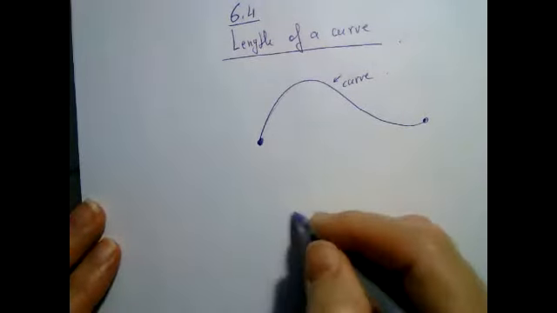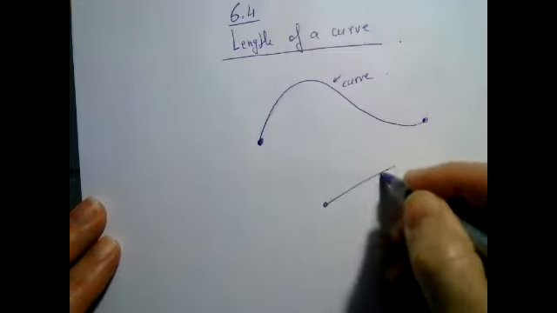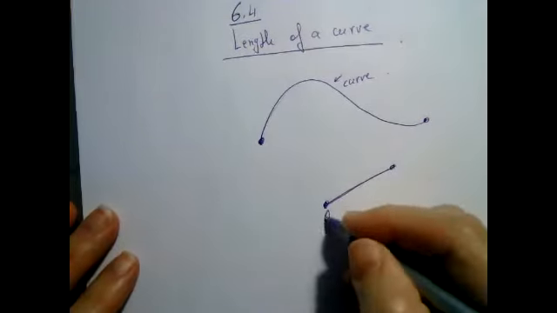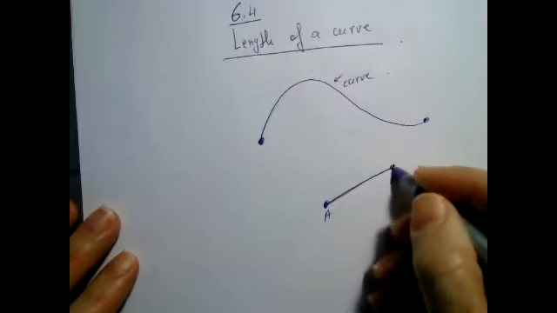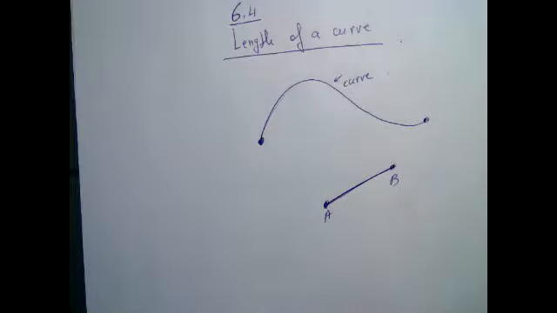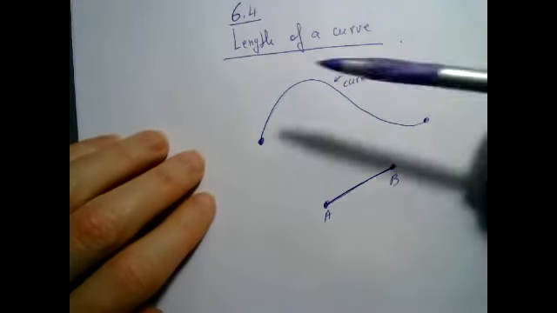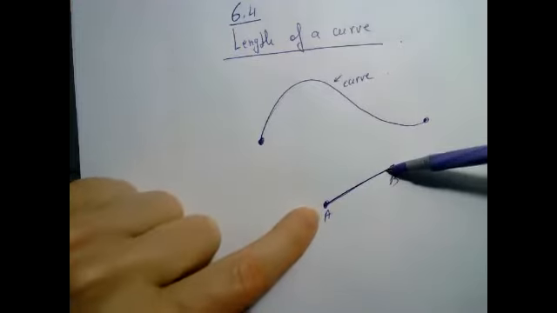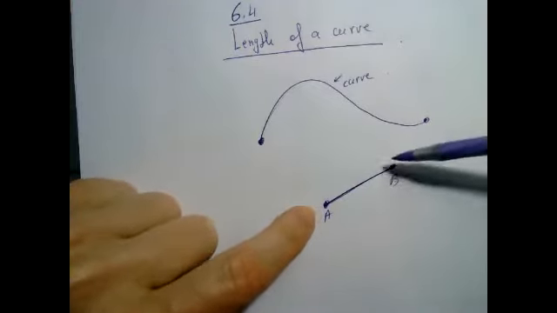So if my curve happened to be a line segment, the length of a curve is nothing more than the distance from here to here. So that's the length of a curve in a very simple scenario. If you have a line segment, it's easy to find its length.